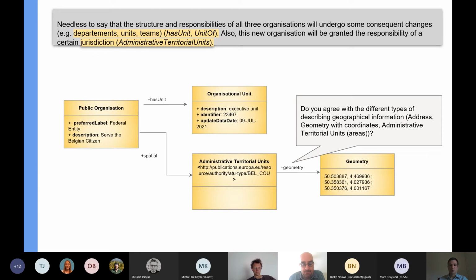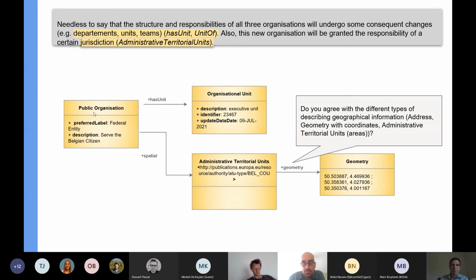In this case, it's more the spatial range, but I think your question is still valid in the sense that even if it's spatial range, is it the legal spatial range, or is it something else that can be discussed on how to define this spatial range? And related to your other point, what about sub-organizations?